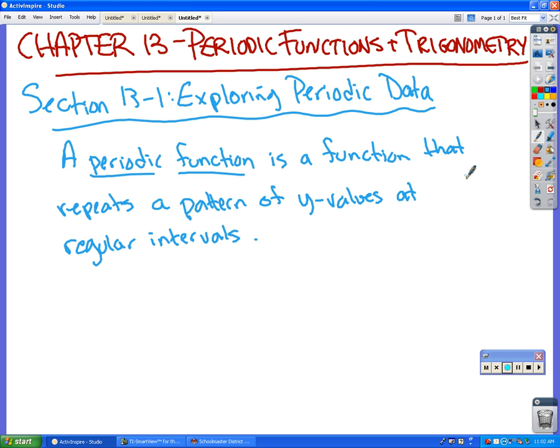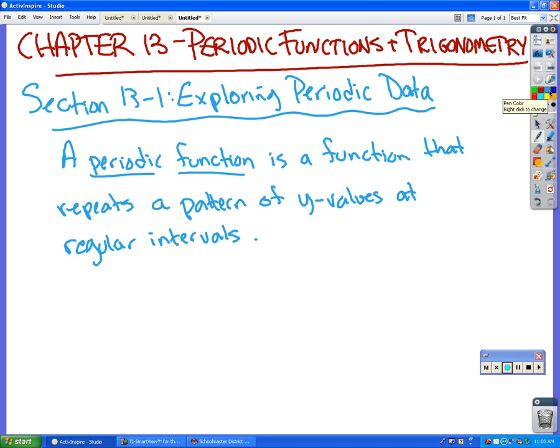In the heartbeat, the y value might be the expansion of the heart. In the swing, her distance forward or backward might be the y value, and again, those are repeated at regular intervals. And same thing with the waves. The distance that they are up the shore is repeated at a regular amount of time. Okay?